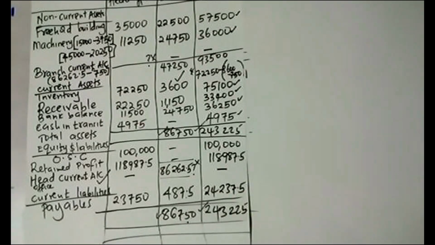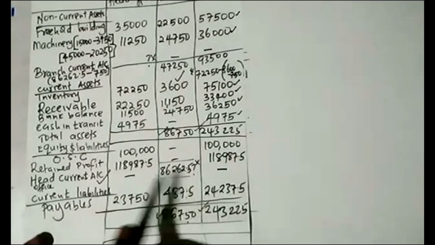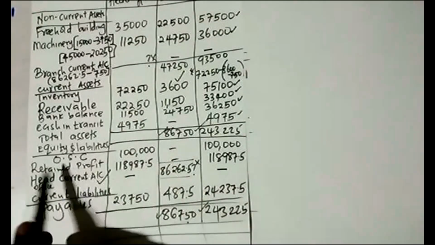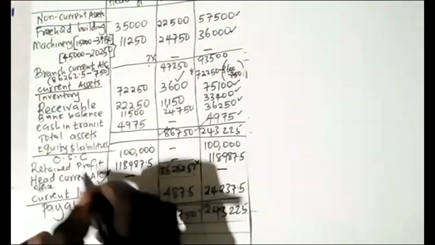Because the profit of the head office was overstated by 750 due to the stock of the branch which was never sold. This stock was from the head office, but they had already made a provision. So we have to reduce the profit of the head office by the provision in order to avoid overstatement of the profit. So the head office and branch current accounts are supposed to be the same.